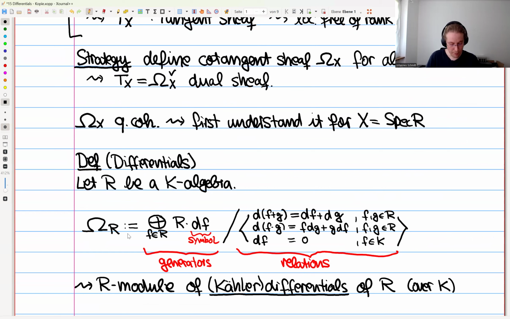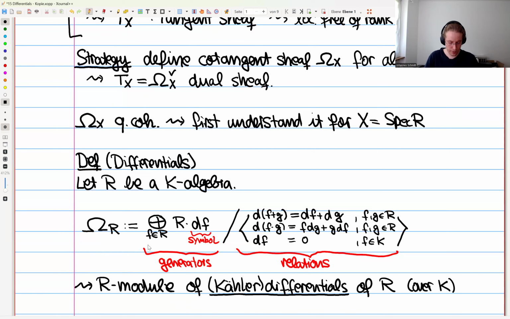then we define a module called Omega_R, and it is given by the quotient of a very simple module, namely the free R-module with generators given by just all the functions f inside R. So here you take the direct sum of these, and then you have R times a symbol, which is called df, where d stands for differential.